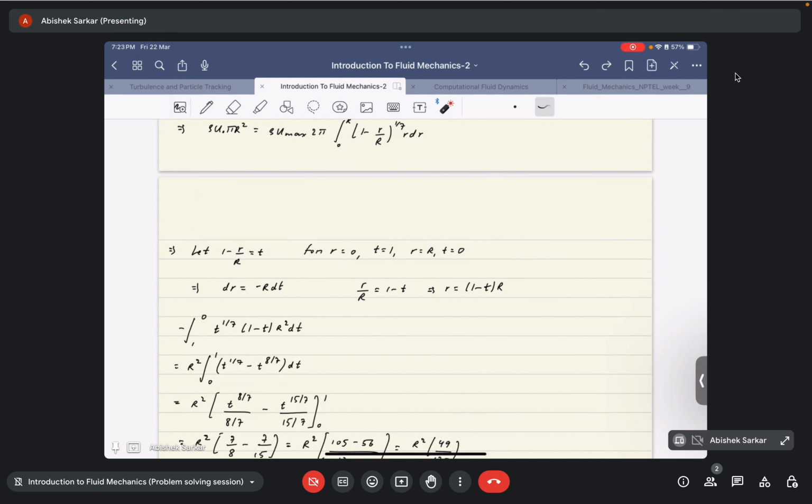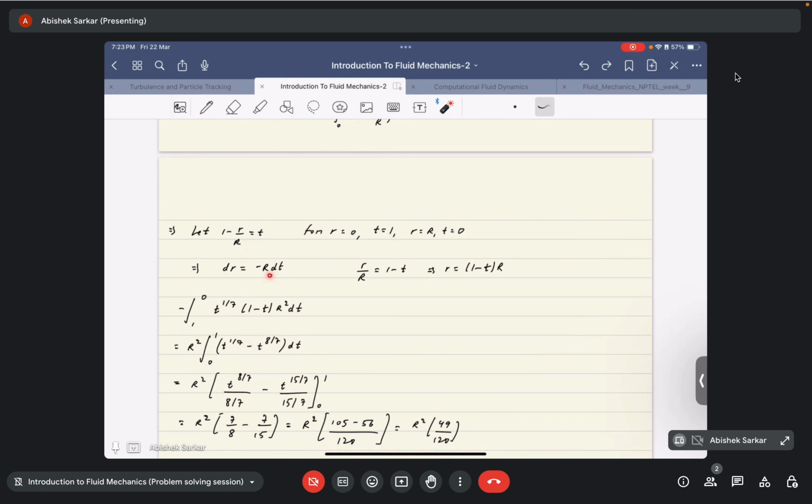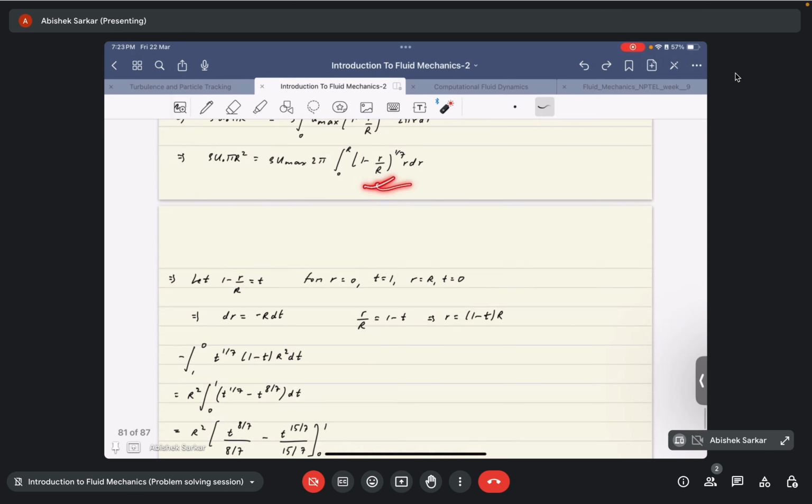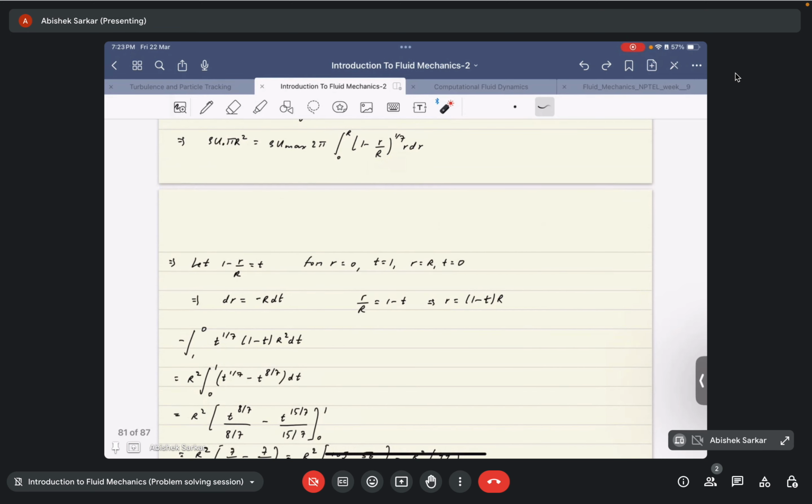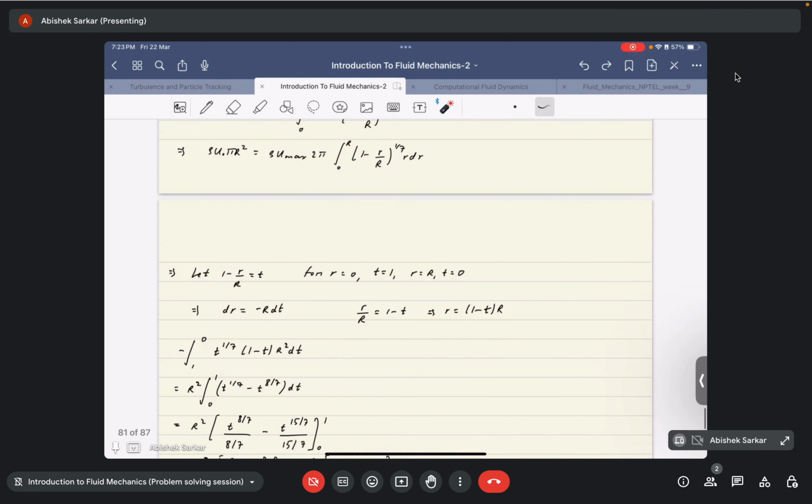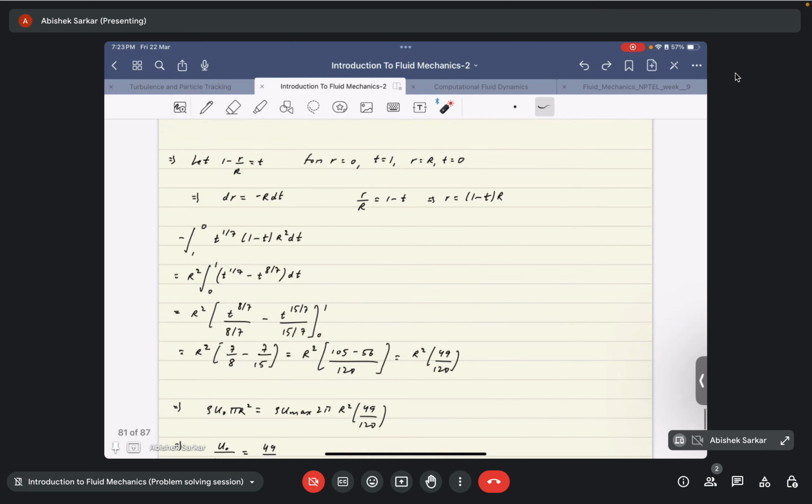Just do a variable transformation. Let us take 1 minus r by R as t. Then for r equal to 0, t equals 1, and for r equal to R, t equals 0. Then dr would be equal to minus R dt, and since 1 minus r by R is equal to t, r would be equal to (1 minus t) into R. If you substitute these expressions in this integral, you can write it as minus the integration from 1 to 0 of t to the power 1 by 7 times (1 minus t) multiplied by R square dt.